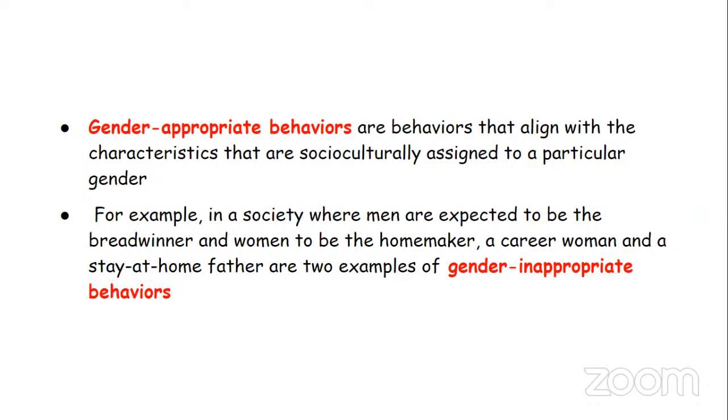For example, in a society where men are expected to be the breadwinner and women to be the homemaker, that is according to our society's gender appropriate behavior. But in that kind of a society, when a woman becomes a career woman and a man becomes a stay-at-home father, this is an example of gender inappropriate behavior. It is completely opposite to the expectations of our society.